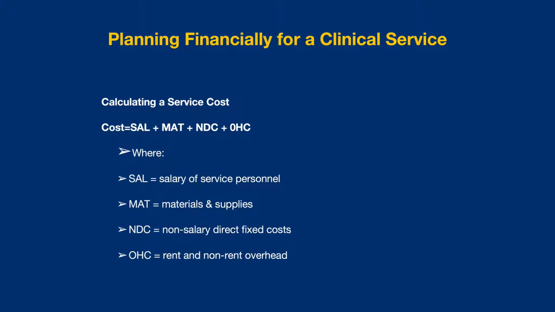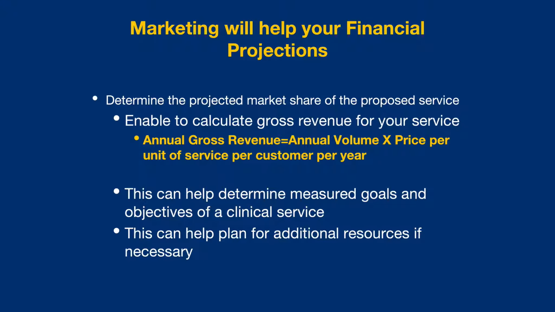When we talked in the business lecture, we need to financially plan for a clinical service in the very same way. We need to think about what it costs to deliver this service, such as the salary, the service personnel, the materials and supplies, direct costs, and indirect costs.